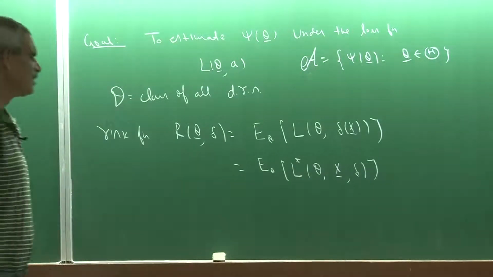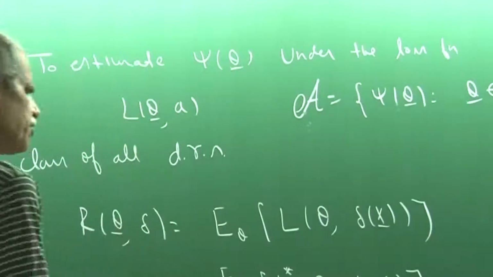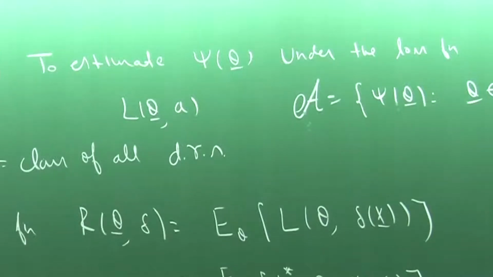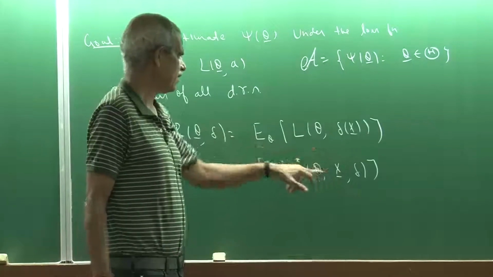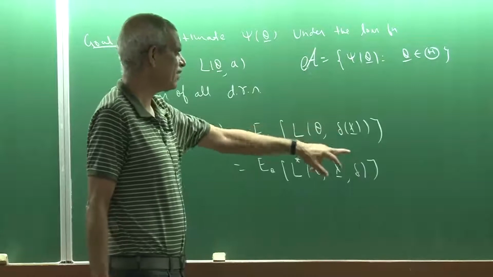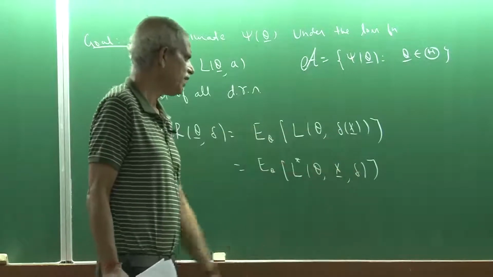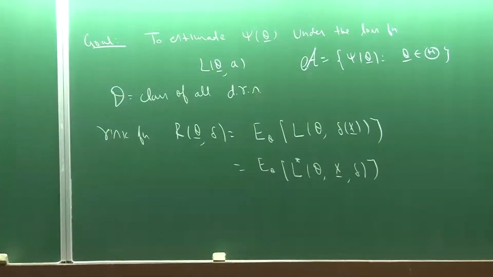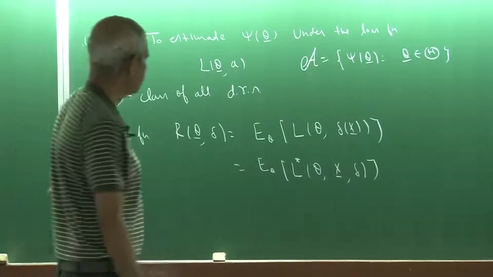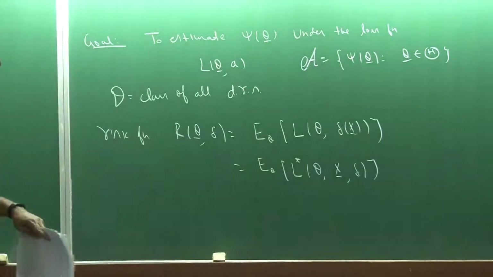Now each delta corresponds to a probability distribution, so you can write it as: the final decision is your random variable, which you can replace by Y of x. So this risk function depends on theta.